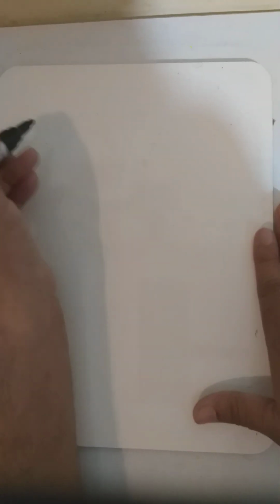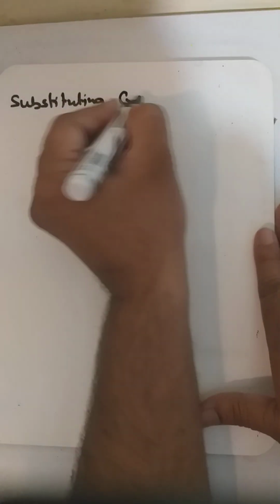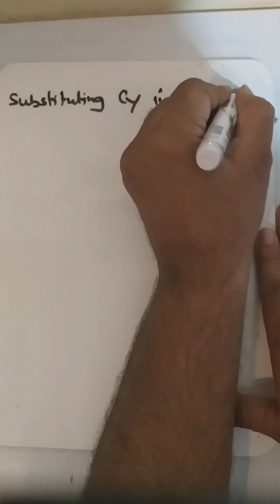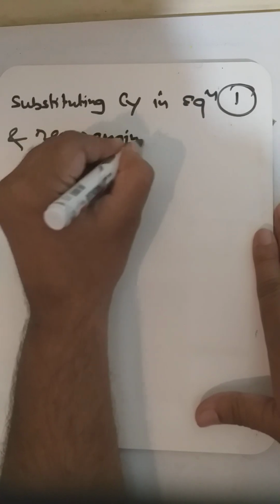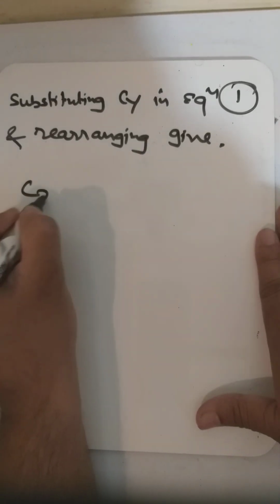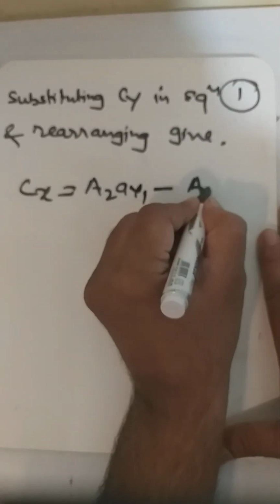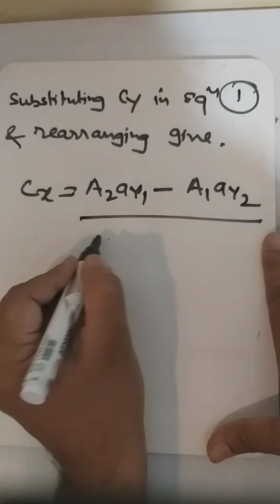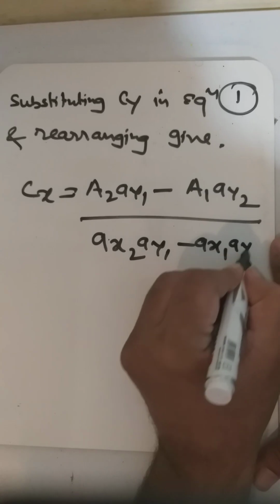Now basically I am substituting Cy in equation 1 and rearranging, that gives the final equation, that is Cx is equal to A2 AY1 minus A1 AY2, divided by AX2 AY1 minus AX1 AY2.